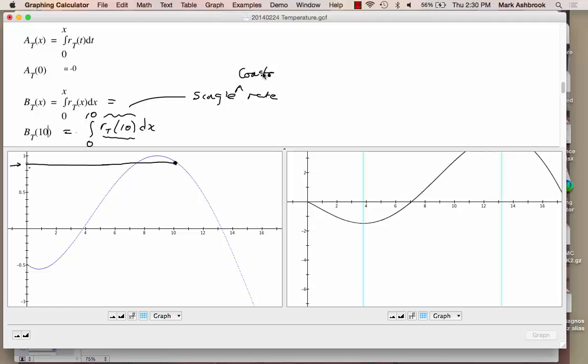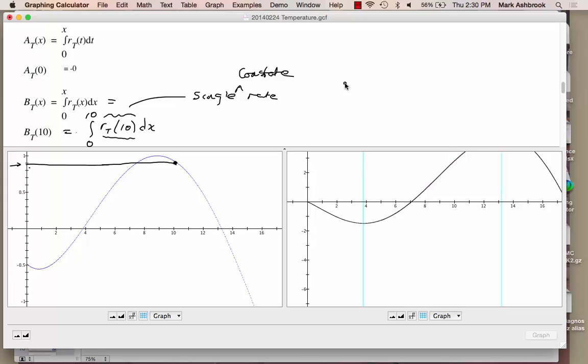Does that give the right accumulation of changes in temperature from 0 to 10? What's the real rate function? The blue one. So is this going to give me a value too high or too low? This accumulation of changes, the b function, is it going to give me an accumulation of changes too high or too low? Way too high.